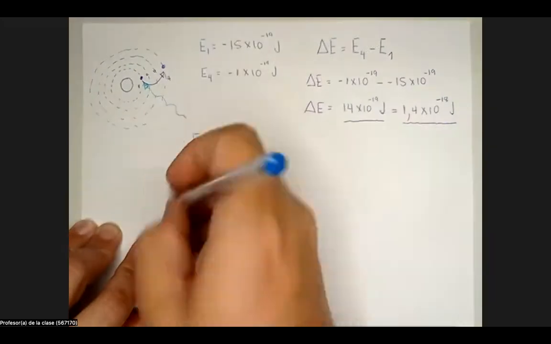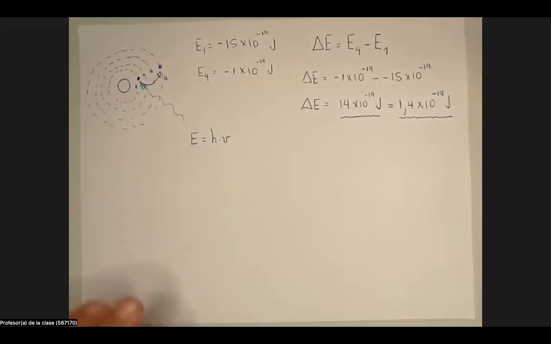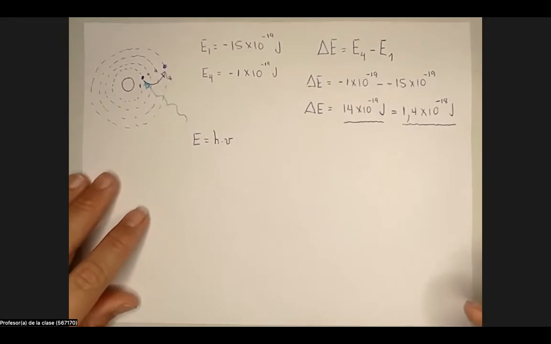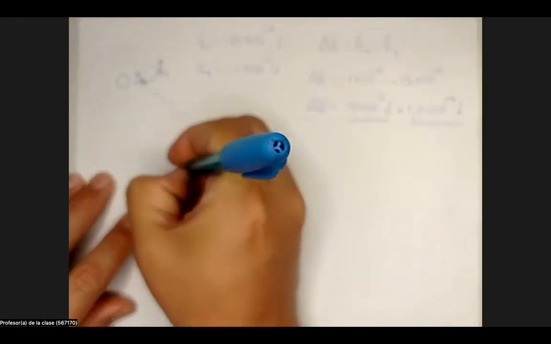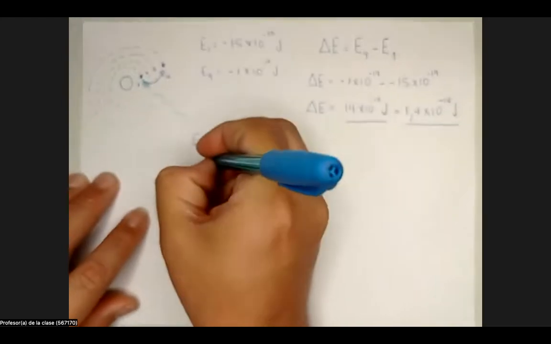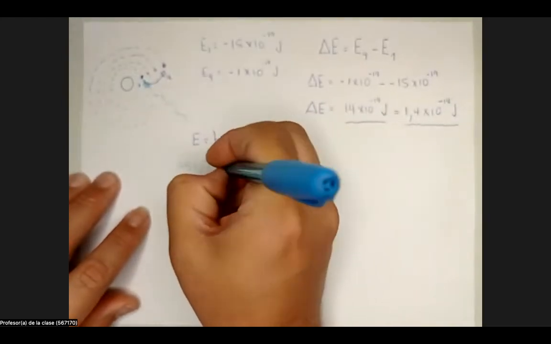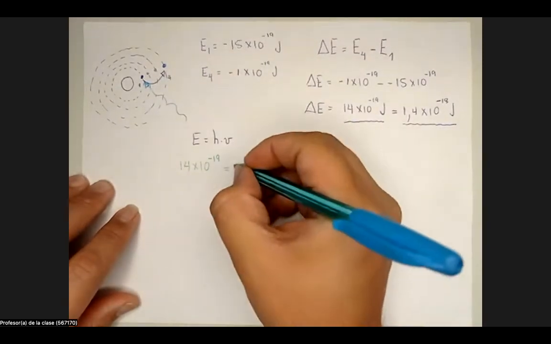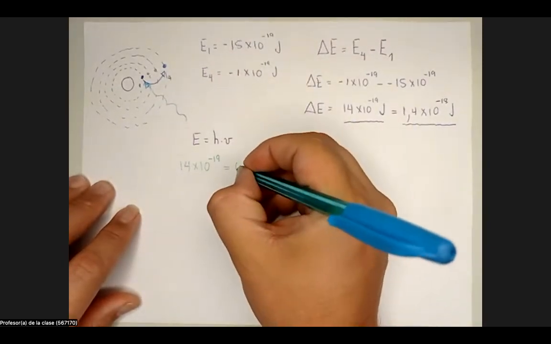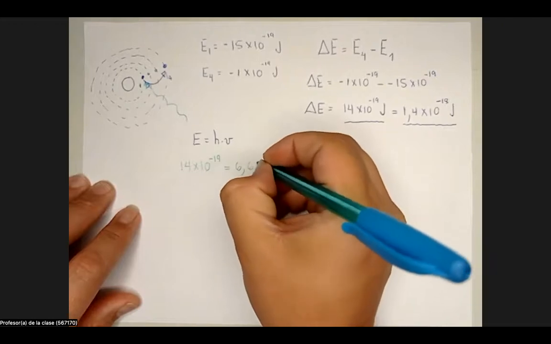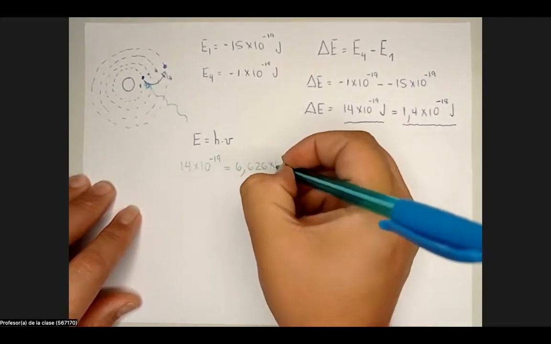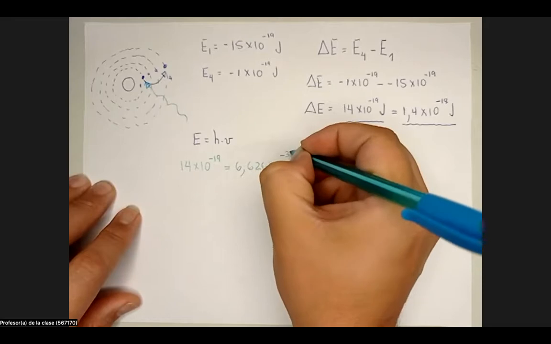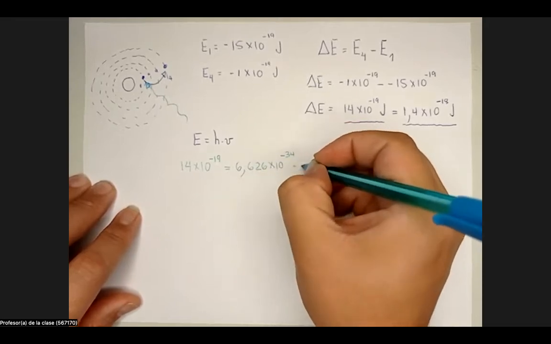The energy of the photon will be 14 by 10 to the minus 19 exponent, equal to the Planck's constant, 6.626 by 10 to the minus 34 exponent, times the frequency.